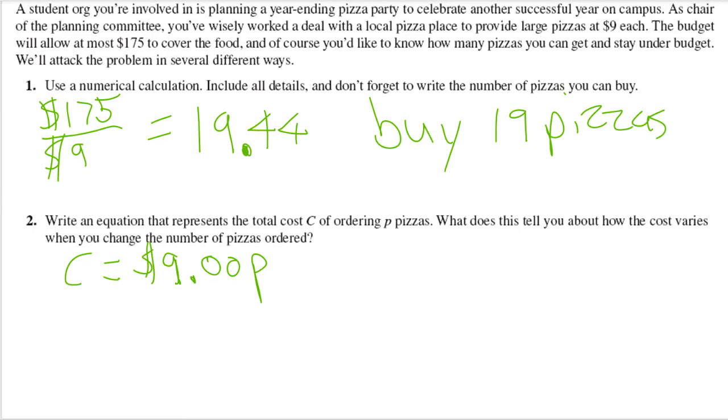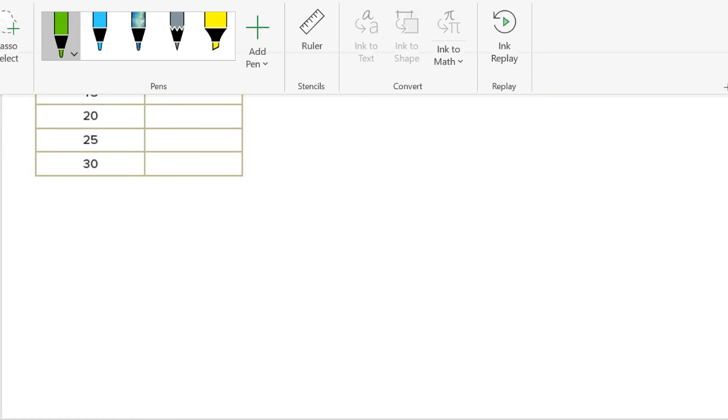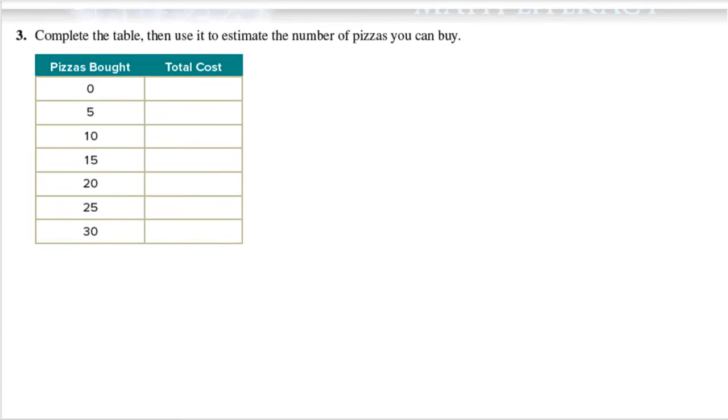That's what the equation tells us. The book is hoping you will say that it varies directly, if you remember lesson 3-6. It's a direct proportion, or it varies proportionally. So, anyway, try number 3 and come back to the video once you have an answer.